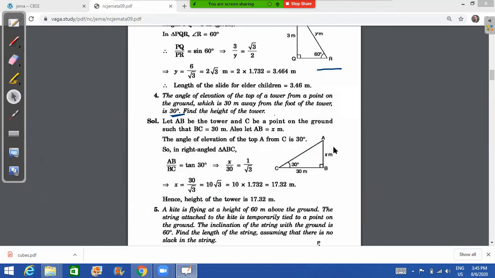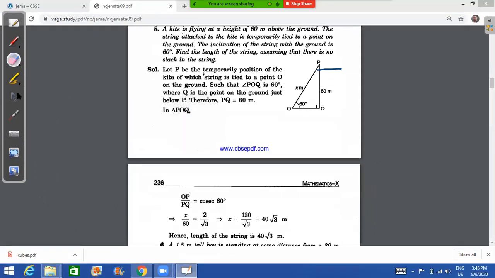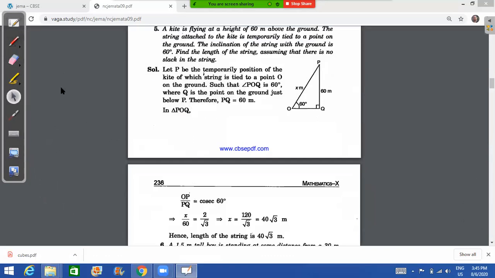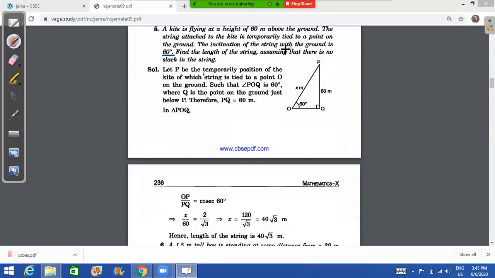Then we move on to the next question. The kite is flying at a height of 60 meters above the ground, and the angle is given as 60 degrees.